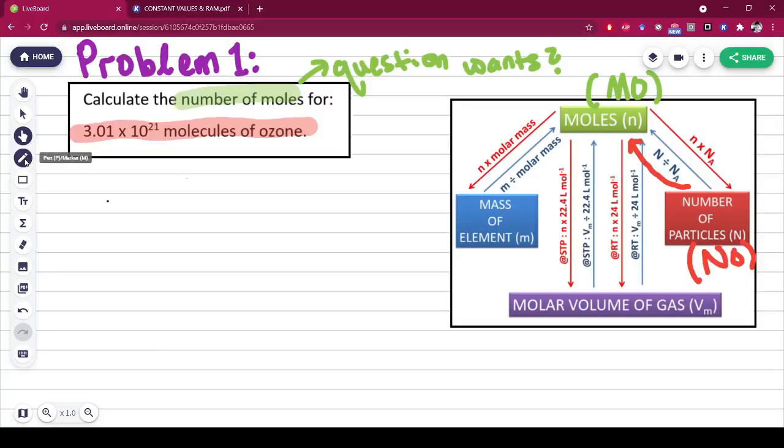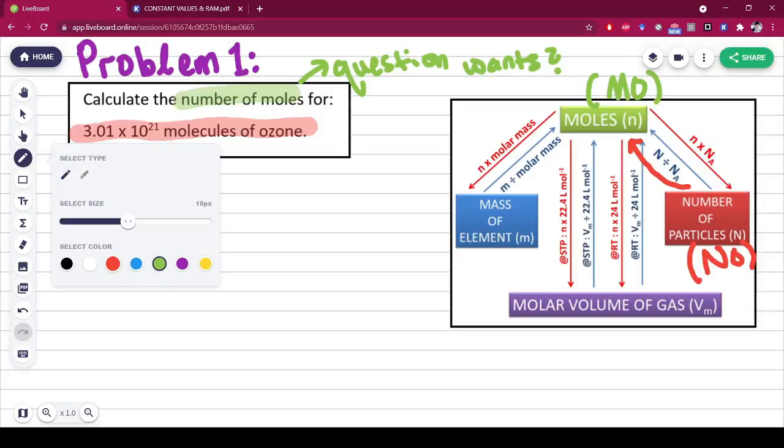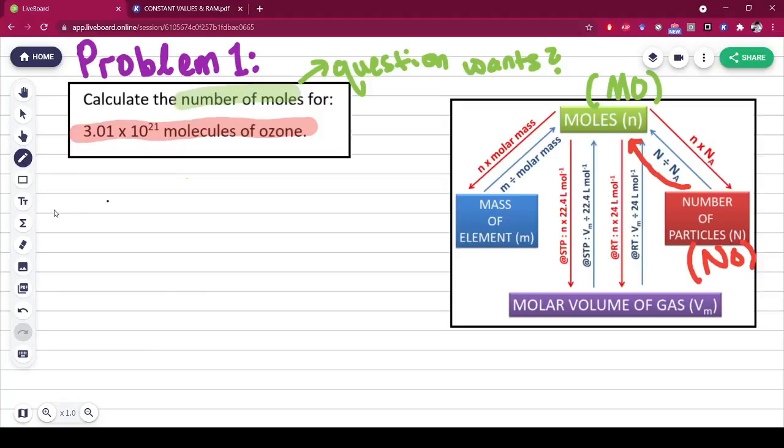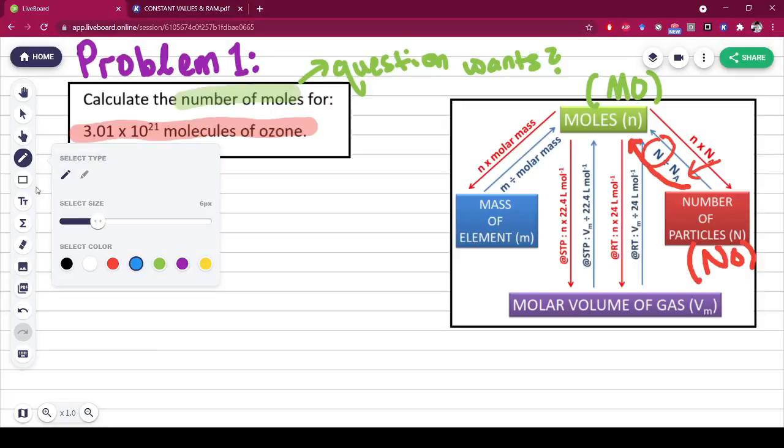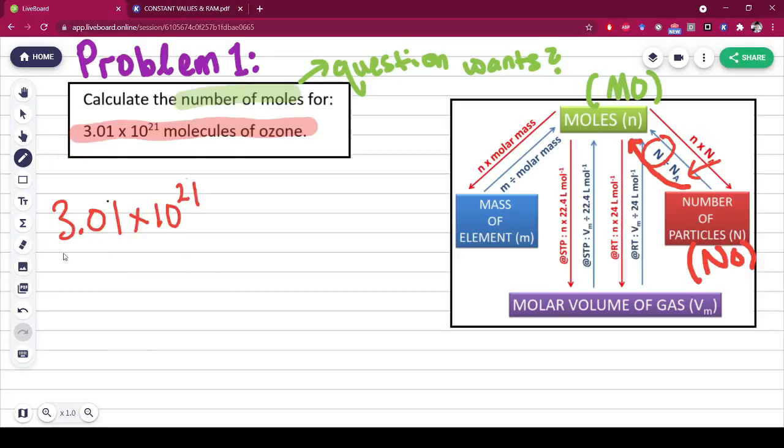So I'm going to write down the number right here. So you have 3.01 times 10 to the power of 21. And what is the Avogadro's constant? We have learned about that in the other video.